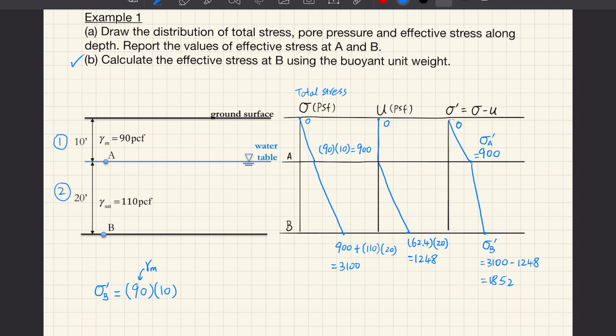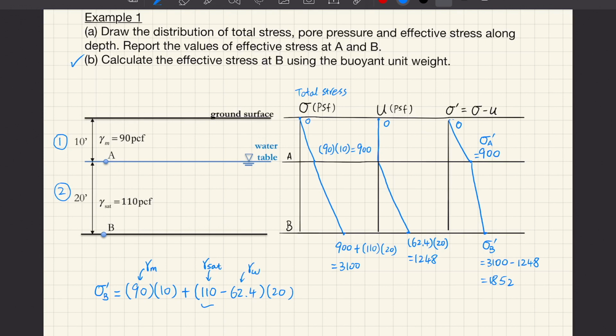And then for the second layer, because the soil is below the water table, this is where you can use the buoyant unit weight, which is 110, gamma saturated, minus 62.4, that's your unit weight of water, times the depth. So this is gamma saturated of layer 2, and this is gamma water.